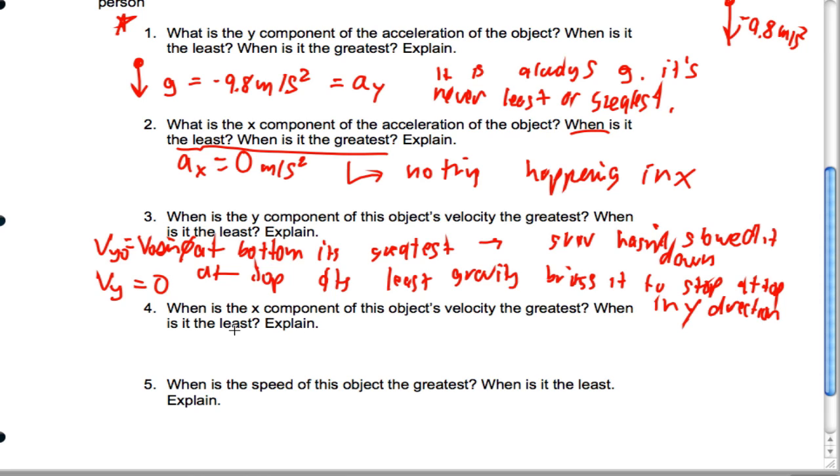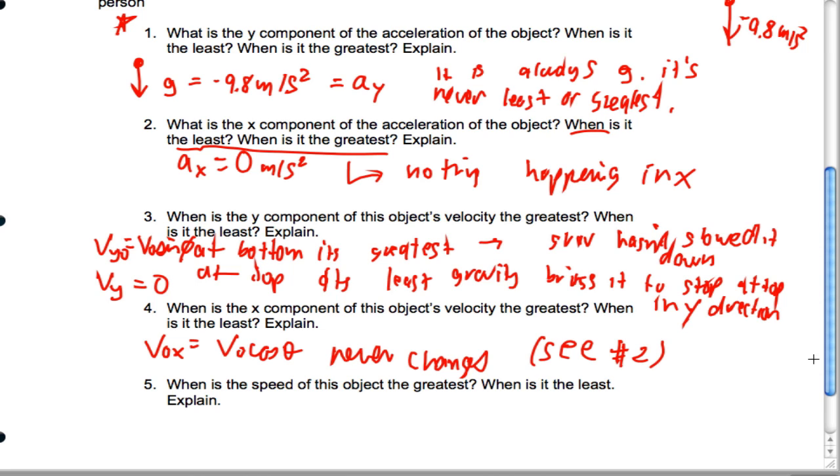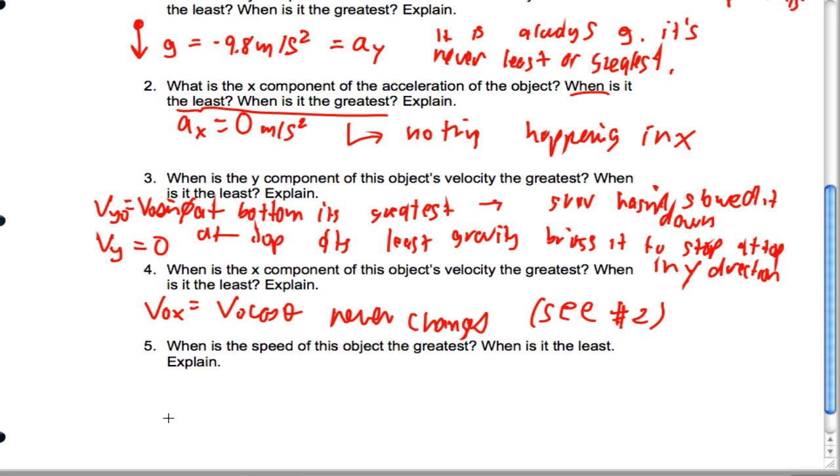Now, when is the x component of this velocity greatest? Well, V naught x is always going to be V naught cosine theta, and this never changes. And again, for that, just see number 2 that we did just now. That'll tell you why. Now, when is the speed the greatest? The speed is the greatest at the bottom.